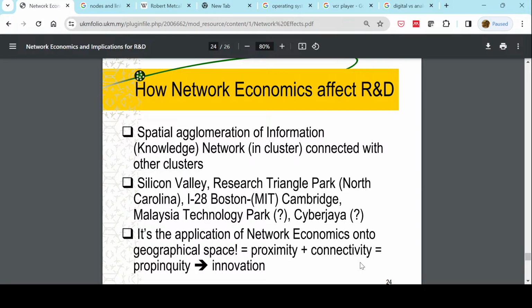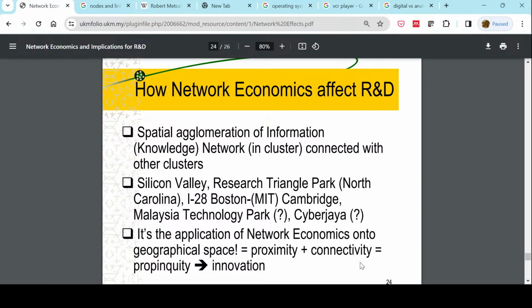Proximity plus connectivity equals propinquity. With propinquity, innovation can prosper. Propinquity comes from proximity, which is in a cluster, like one place, and not only being in one place.